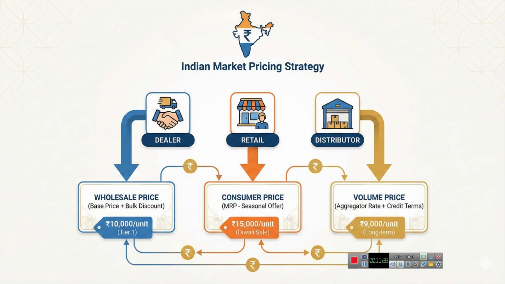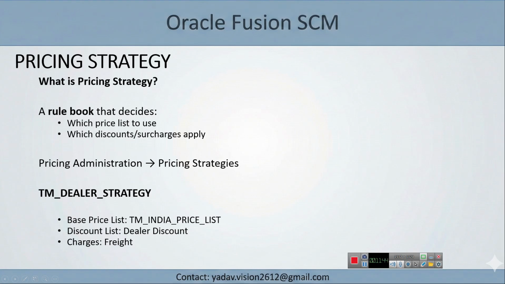As I said in the earlier image, whenever I create an order, first the pricing engine will check whether the customer is a dealer, a retailer, or a distributor. Based on that, the price is going to be picked up. That is what it does in the pricing strategy: which price list needs to be used and what discounts or charges need to be applied.